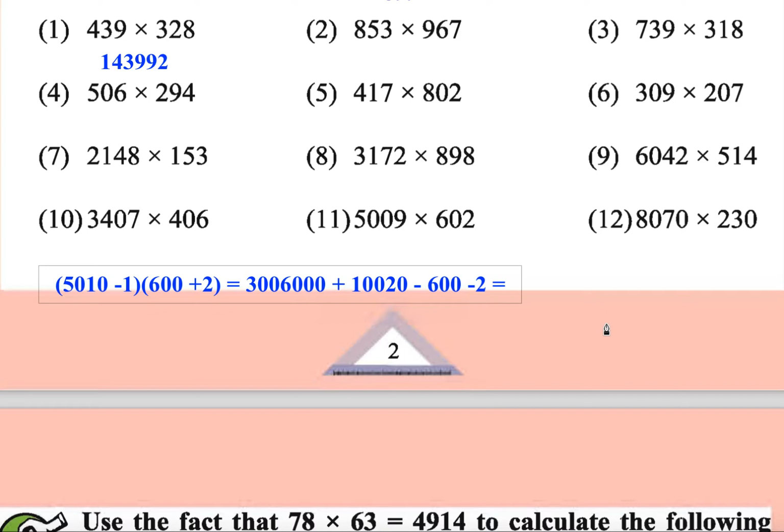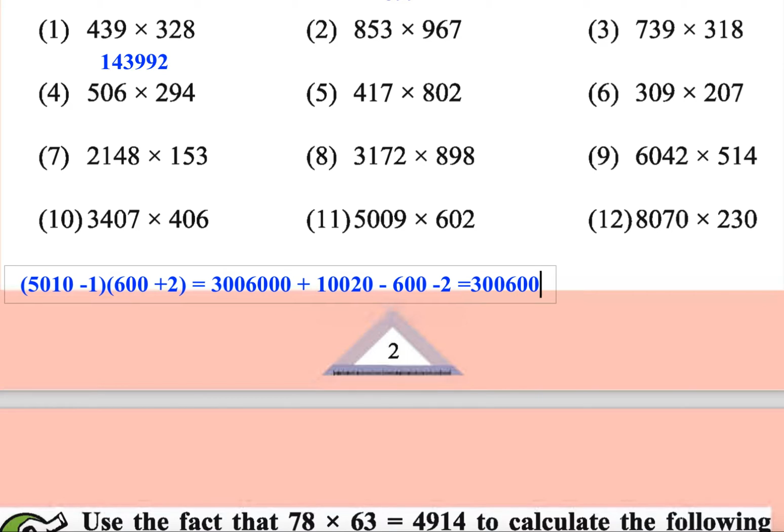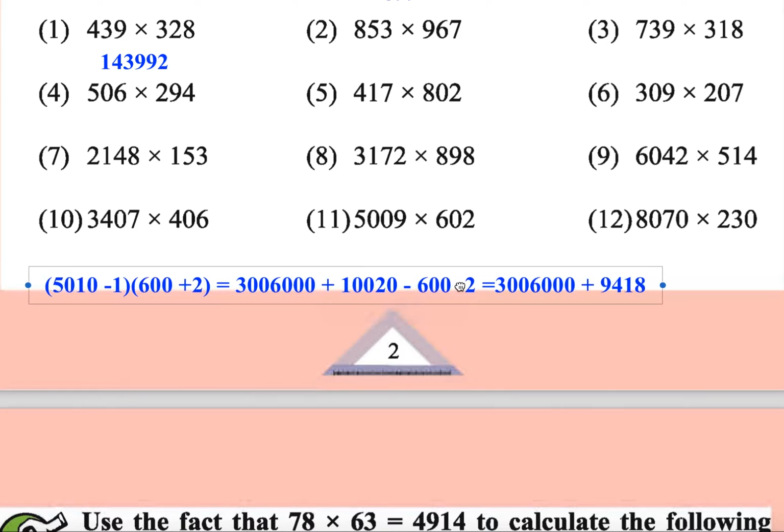Okay, 9,420, 9,418. So 300,600 plus 9,418.